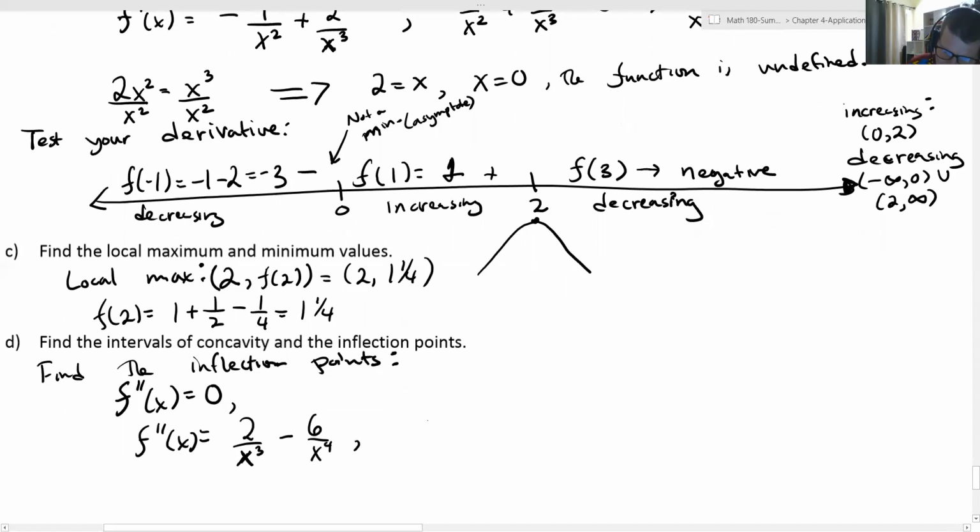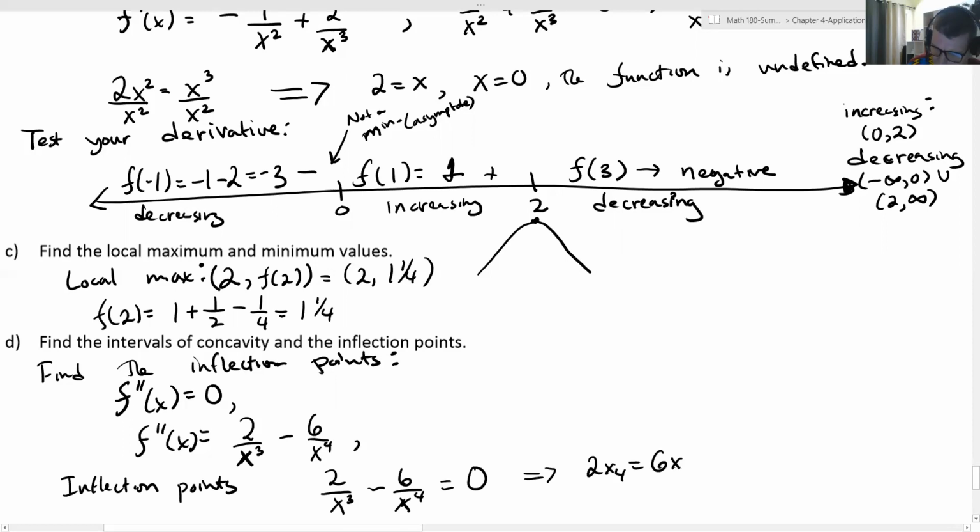And then that means that our inflection point is going to be when 2 over x cubed minus 6 over x to the fourth equals 0. And so that's 2x to the fourth equal to 6x cubed.